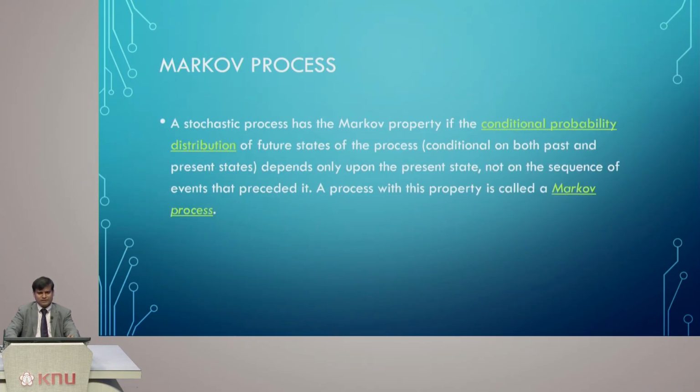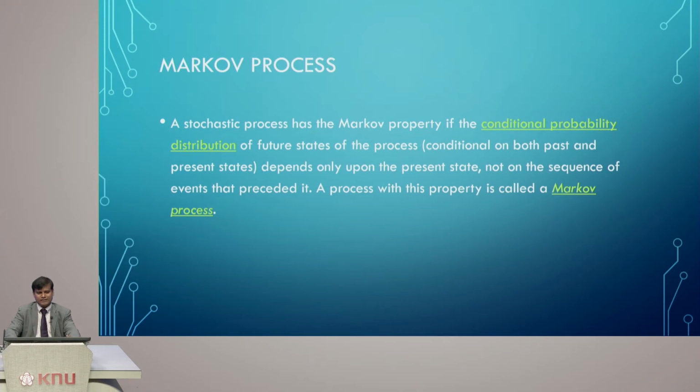Generally speaking, this is the overview or definition that we have seen with regards to the Markov process. A Markov process is a stochastic process that has the Markov property: the conditional probability distribution of future states of the process, conditional on both past and present states, depends only upon the present state, not on the sequence of events that preceded it. So this process is called the Markov process.